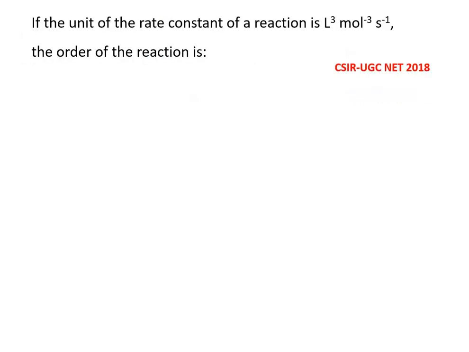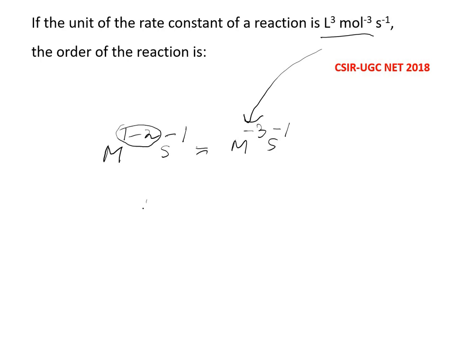The unit of rate constant of a reaction is given, again the same type of question, that is M to the power minus 3. So if you equate this power 1 minus n, that is equal to minus 3.